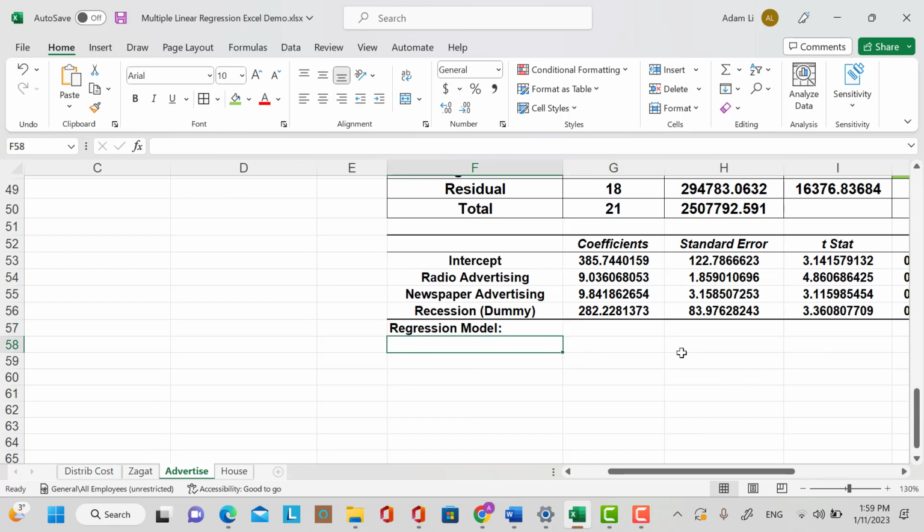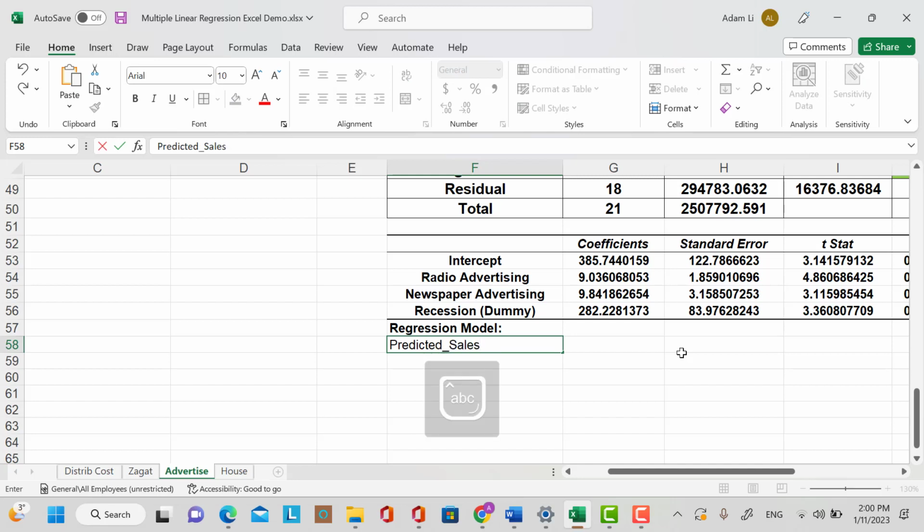So the predicted sales equal to the intercept, which is 385.